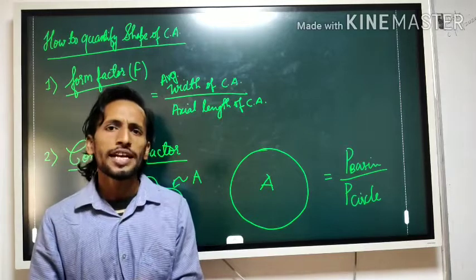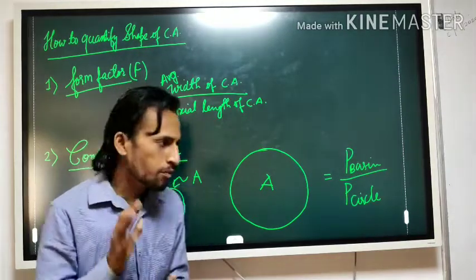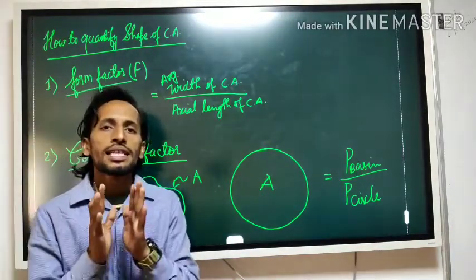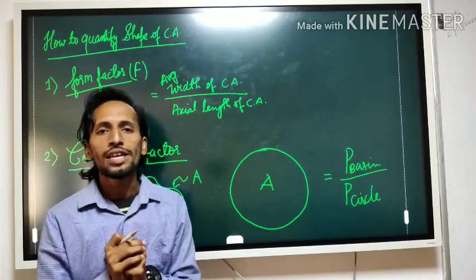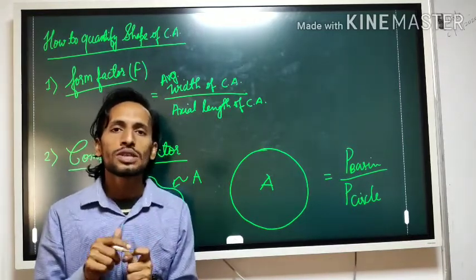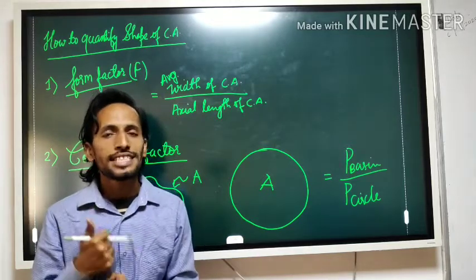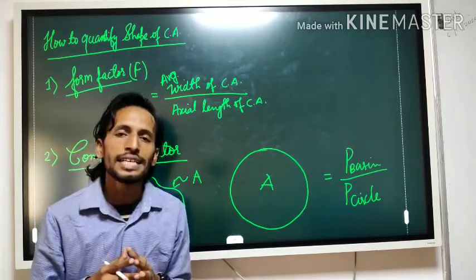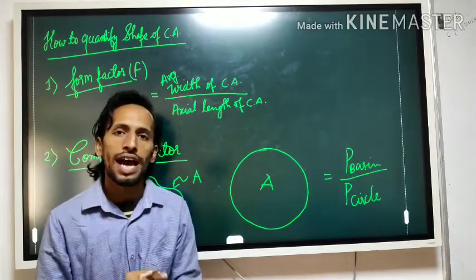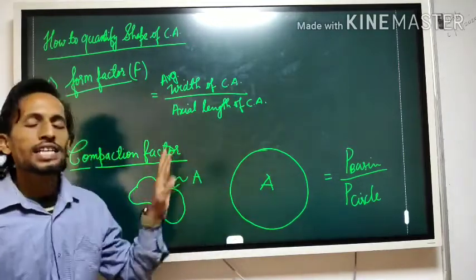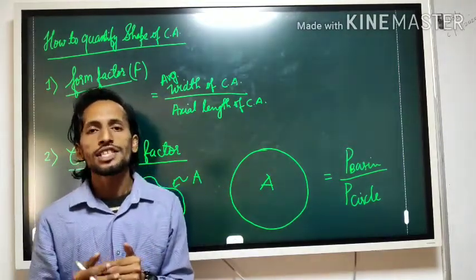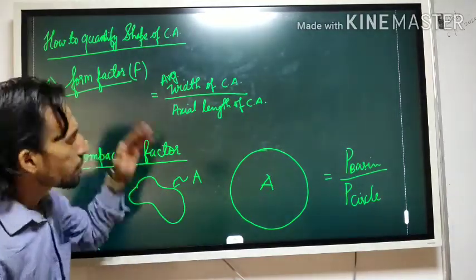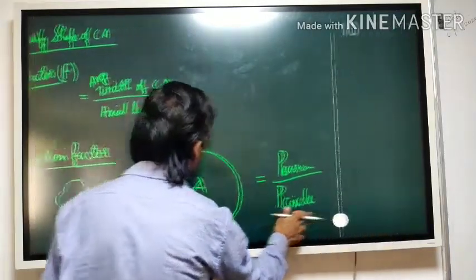So is this statement right? Yes, it is perfectly right. Why? Because these factors are nothing but a mathematical value related to the shape of your basin, and the shape of the basin itself decides the shape of your hydrograph. So these two factors also affect the shape of the hydrograph. Apart from that, there can be more factors which affect the hydrograph.